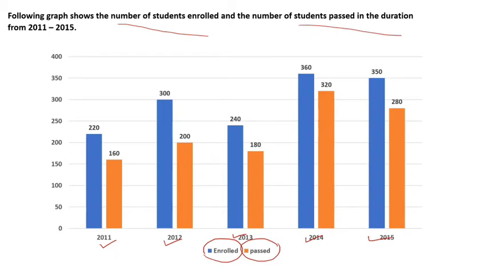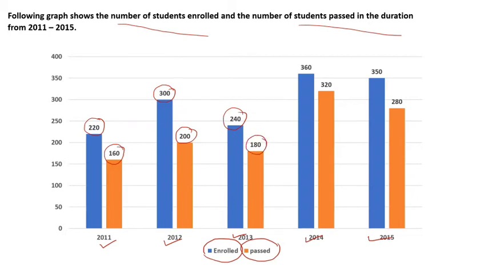So here you can say in 2011, 220 students enrolled. Out of that, 160 students passed. Here, out of 300, 200 students passed. In 2013, out of 240, 180 students passed.